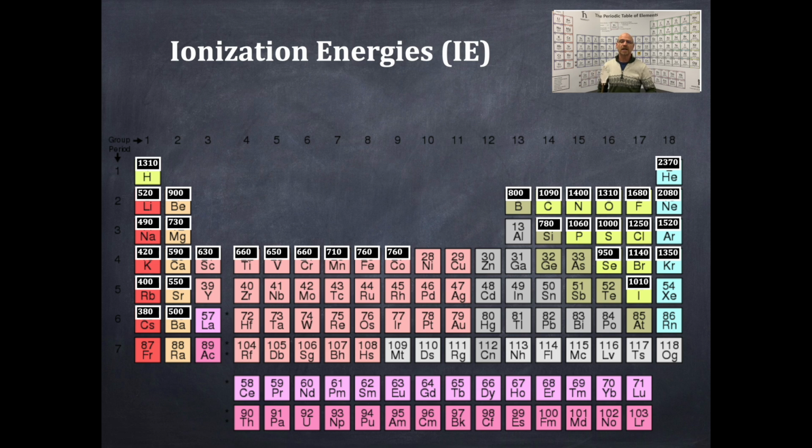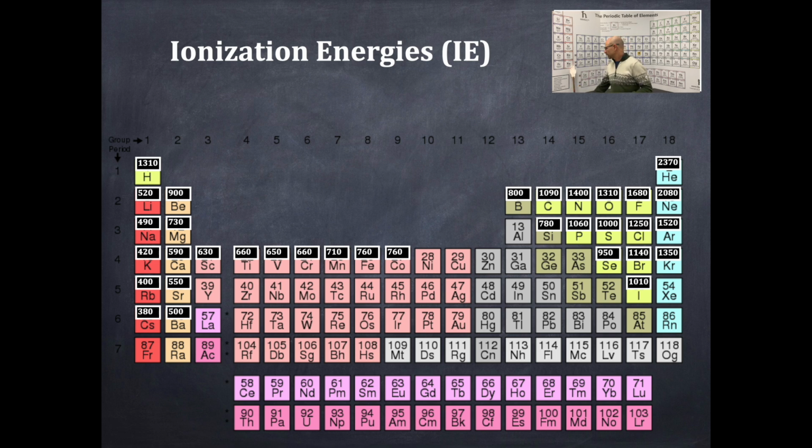So if you look at that on your screen there, you can see that the values for ionization energy are 520 for lithium, 490 for sodium, 420 for potassium, 400 for rubidium, and 380 for cesium. So it appears to me that they are decreasing as you go down a group. Another one.